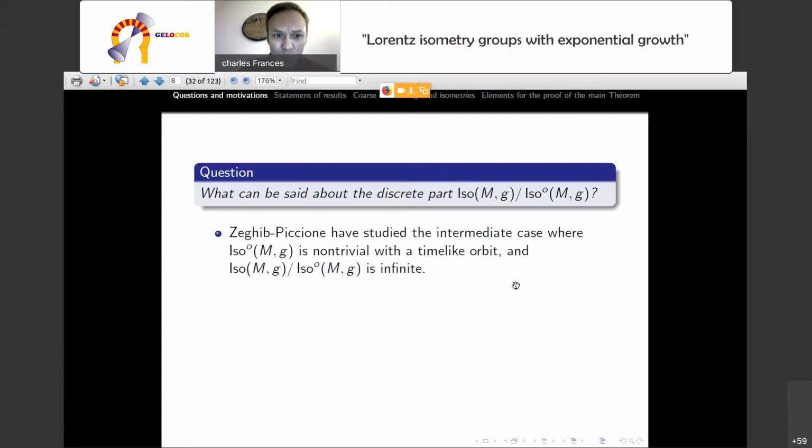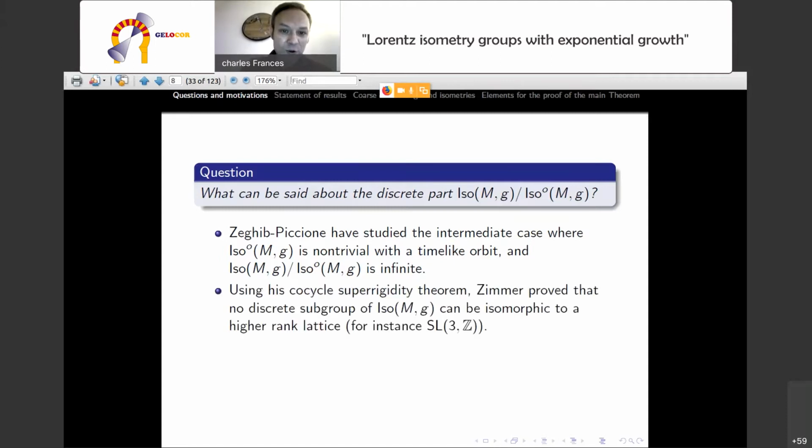So works of Zegib and Pichon have studied this situation in some intermediate case where you have a non-trivial identity component with a time-like orbit and an infinite discrete part. So this is interesting, but you still have an assumption about the identity component. In particular, you don't have any information if the group of isometries is discrete.